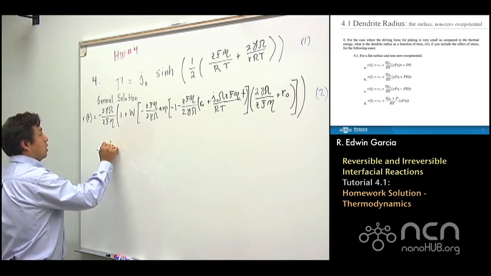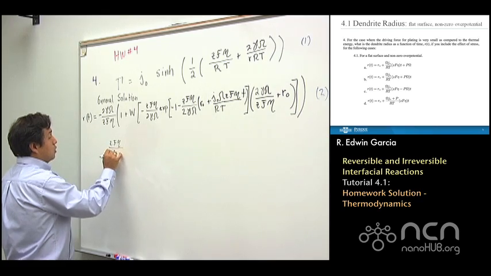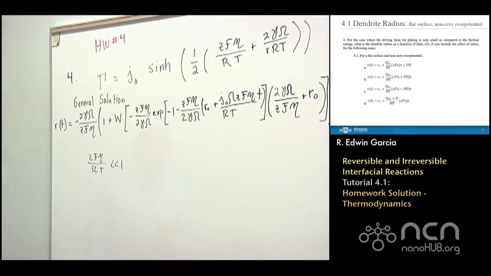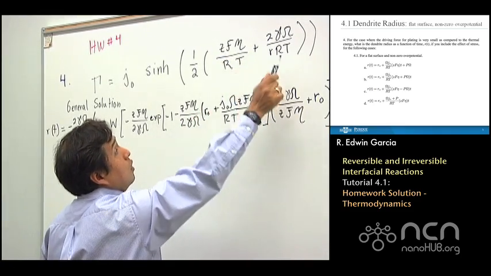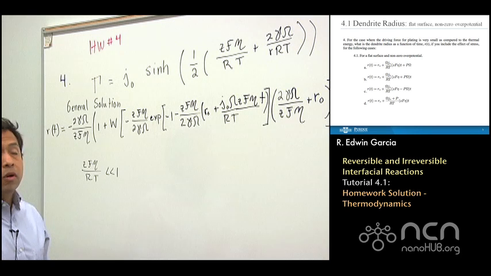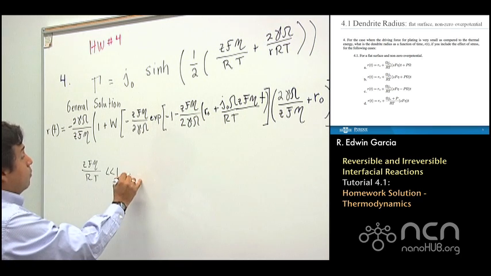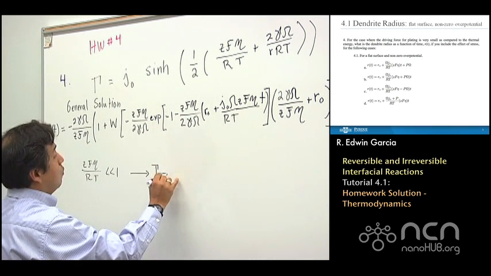We're saying that ZF eta over RT is much smaller than 1. In fact, effectively this whole term over here is much smaller than 1. So the deposition rate, in this case equation 1 that you see up there, really can be reduced to an equation of this form.